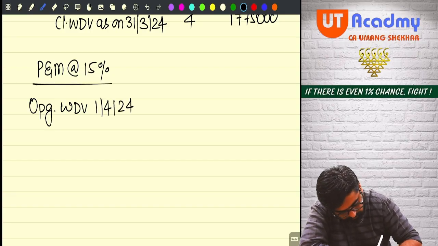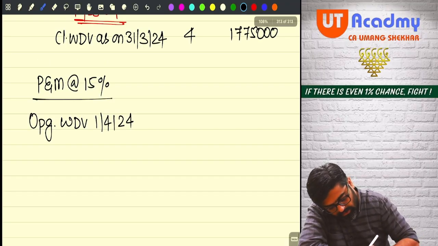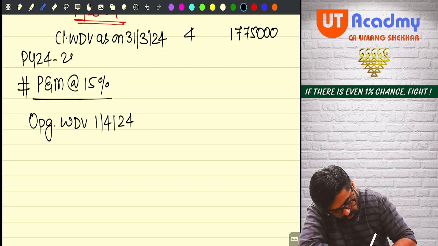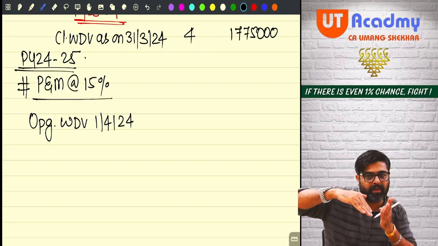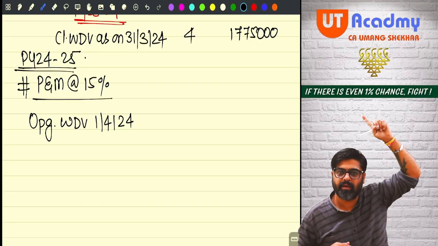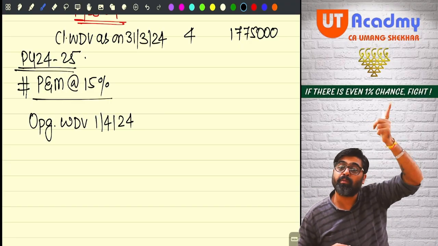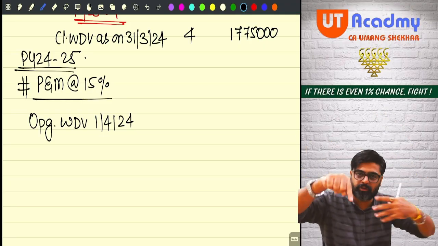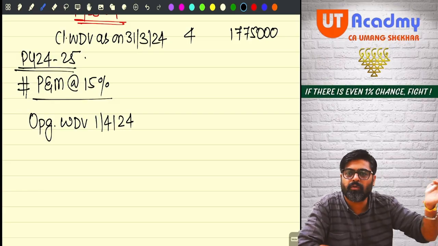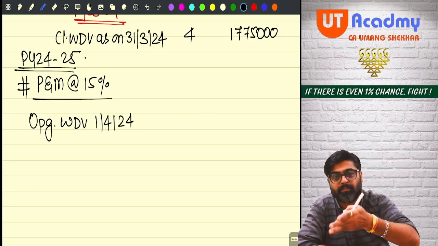Come on, tell me. So now I am in which year? I am in previous year 24-25. So in the previous year 24-25, that same plant and machinery block will be used in my business from the first day. So from the first day of the previous year 24-25, this plant and machinery block will be used in my business. So what was the opening in that block?